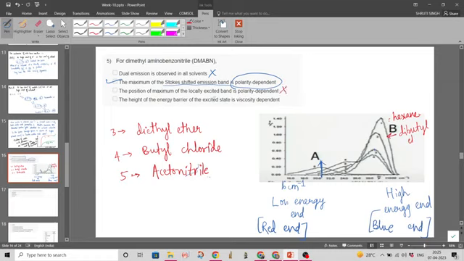And the fourth option is the height of the energy barrier of the excited state is viscosity dependent.